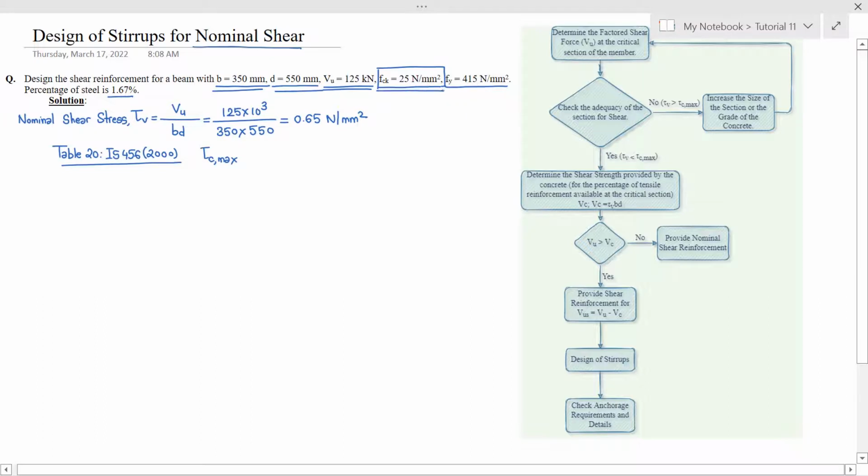Since we are using M25 concrete here, from table 20 you can get the maximum value of shear stress. Tau c max is 3.1 Newton per mm square for M25 concrete.